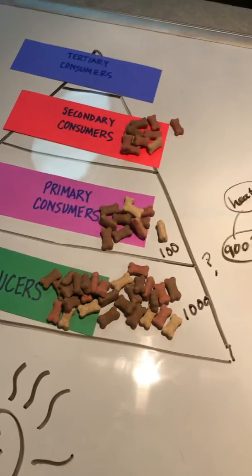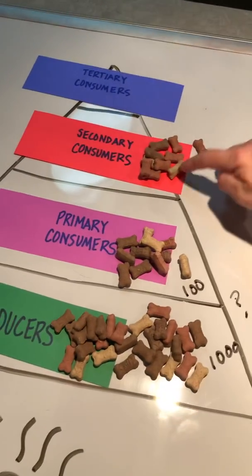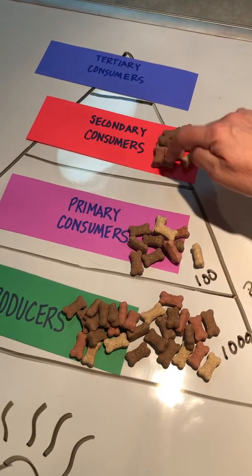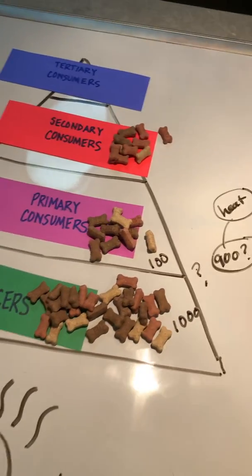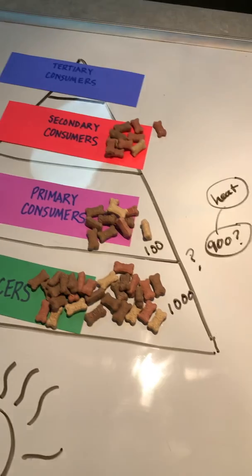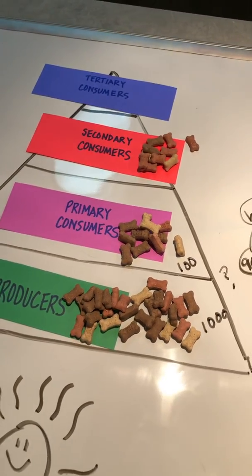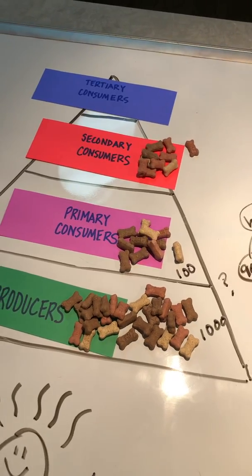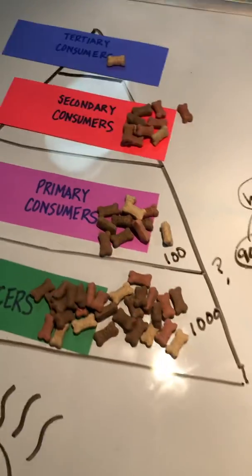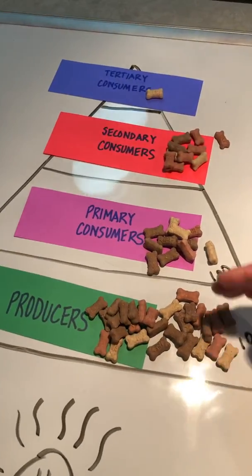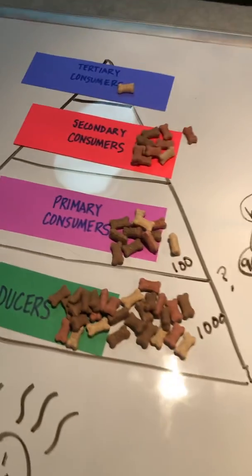Let's see, is that right? 1, 2, 3, 4, 5, 6, 7, 8, 9, 10. Yeah, okay. So now we have 10 there. Now of the 10, how many will go to the tertiary? 1. So if you look here, there's this net decrease in energy flow.